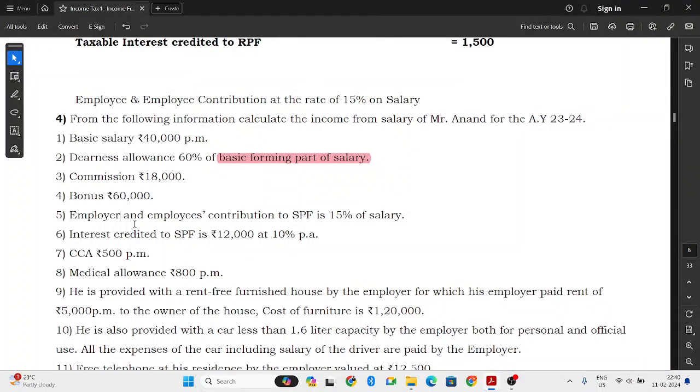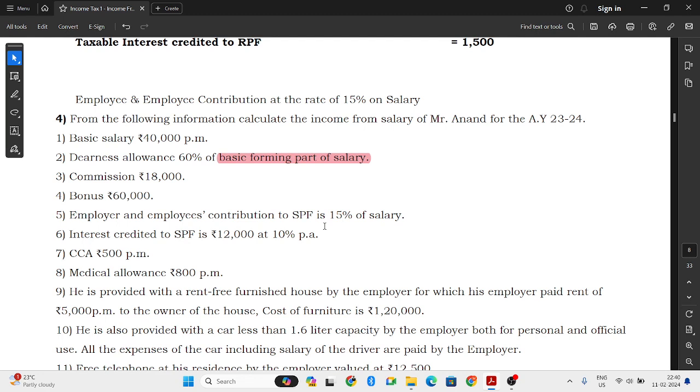Next, employer and employee's contribution to SPF. SPF is Statutory Provident Fund, and I've explained in the pension chapter that the statutory provident fund is only given for government employees. If the employee has taken statutory provident fund, then it means that he is a government employee.